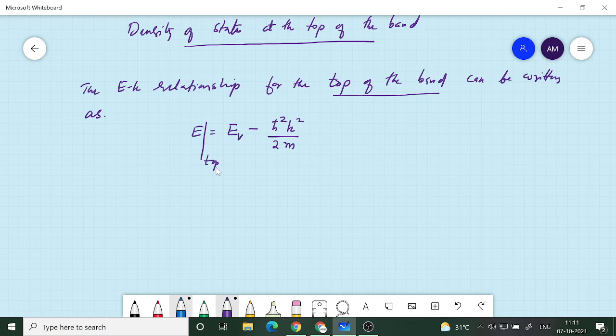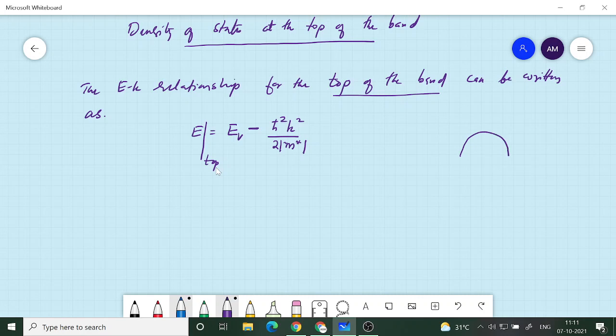So if I am using minus sign here, then I will take this m star to be the modulus of m. So m we got it as negative, right? If I am taking m negative, then I have to put plus. But another way of taking is take a modulus here, and then keep the minus sign outside. So we derived this curvature is actually negative, as the parabola is facing downward.